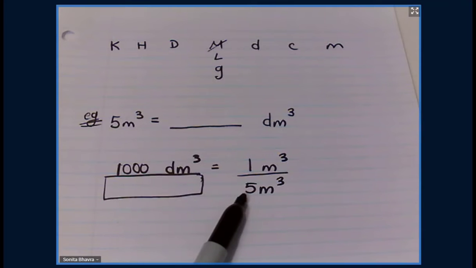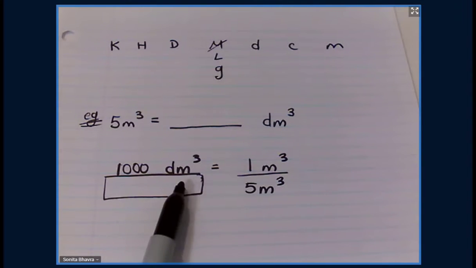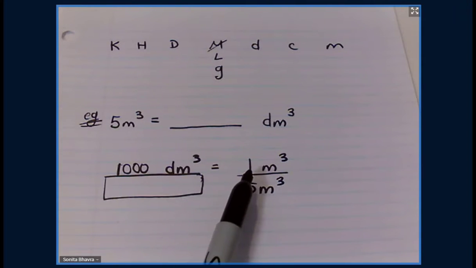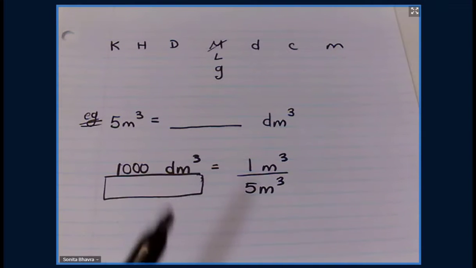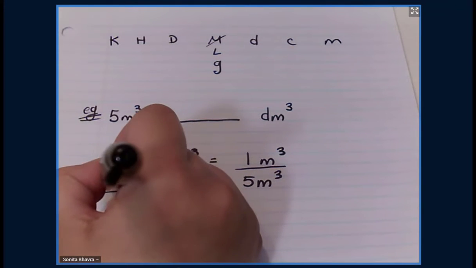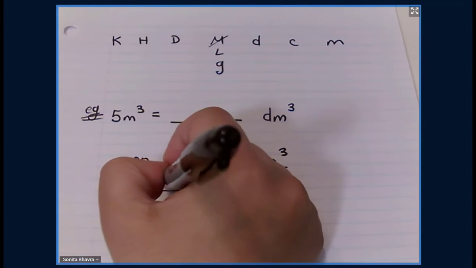So 1,000 times 5, and then you divide by the number that does not have a number diagonal to it. So it's 1,000 times 5 divided by 1. 1,000 times 5 is 5,000 divided by 1, it's still 5,000. So we end up with 5,000 decimeters cubed.